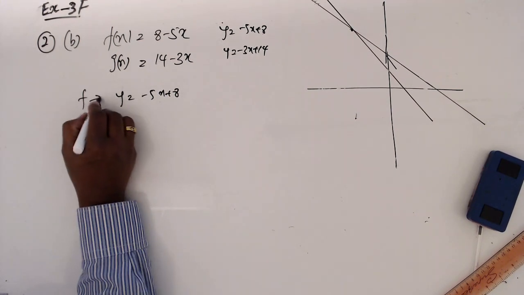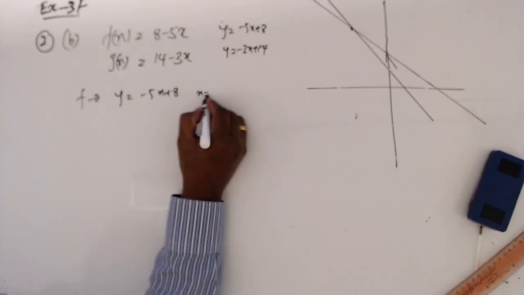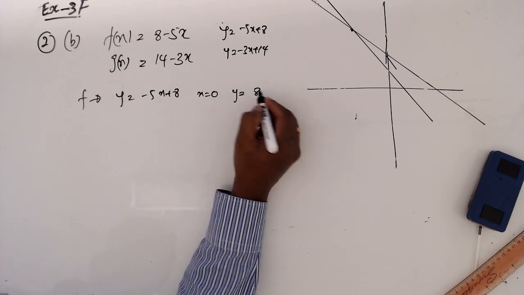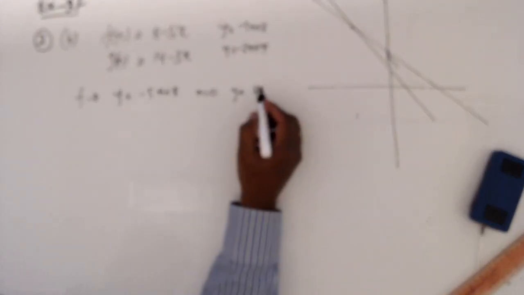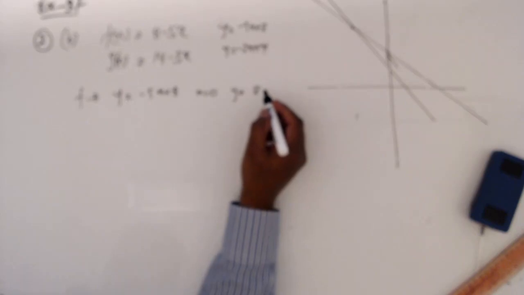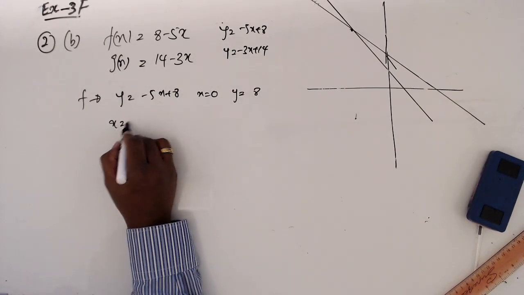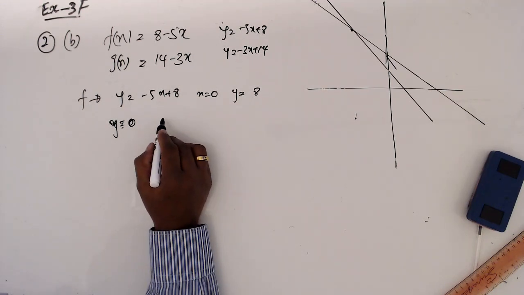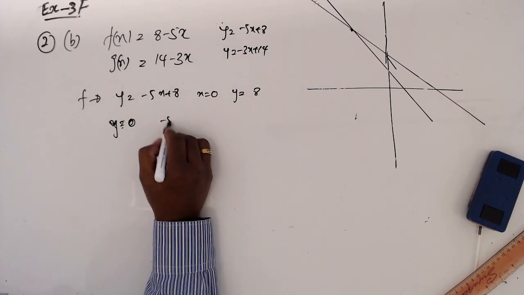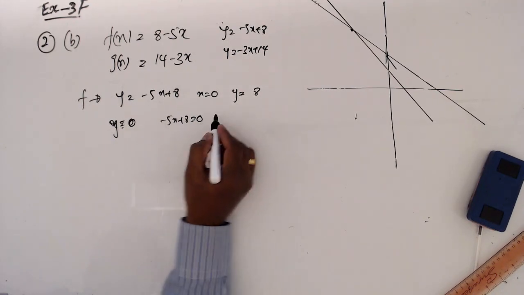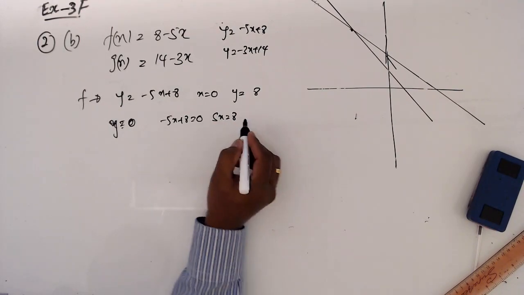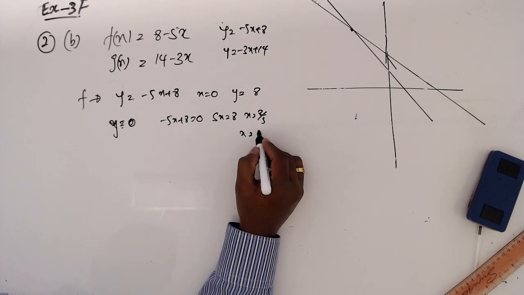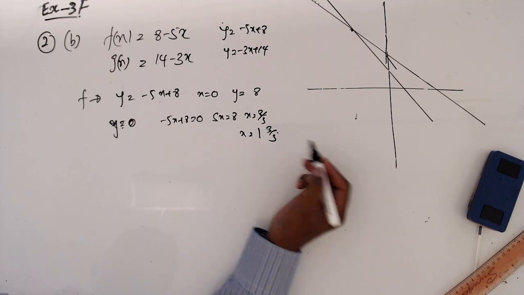This is the f curve. When x equals 0, y equals 8, so this is 0, 8. When y equals 0, minus 5x plus 8 equals 0, 5x equals 8, x equals 8 divided by 5, x equals 1 and 3 over 5 in between.